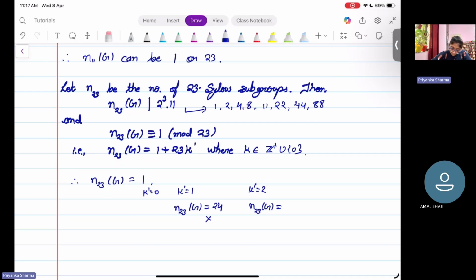So we can get only one using this plan. Out of these divisors of 2 cubed into 11, that is 88, only one is congruent to 1 modulo 23.